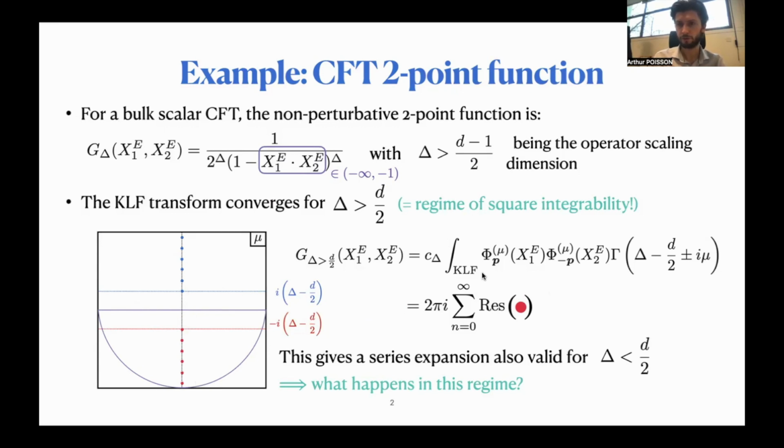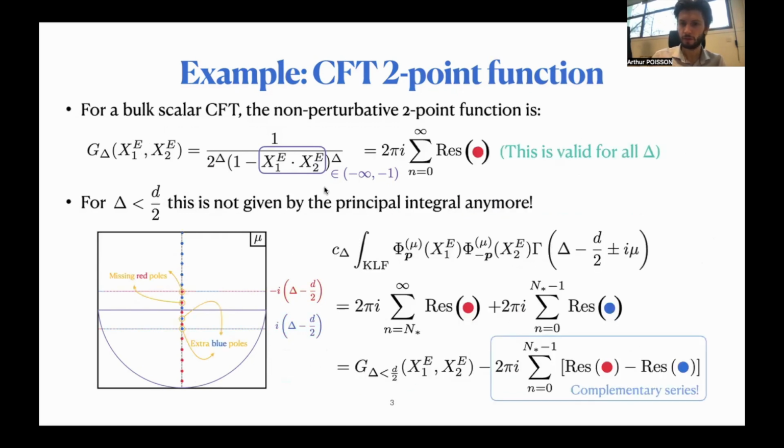Then we know that we can close the contour in the lower half plane because of the properties of this function at μ at infinity in the μ complex plane. And then this function will be given by the sum of red poles. The sum of red poles is not dependent on the regime here. The regime here is just telling you that the sum of the red poles will be given by this integral.